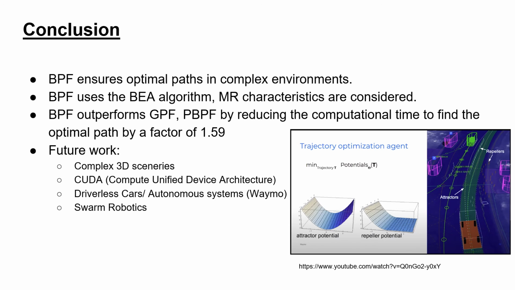You can see the path planned is the attractors, and it has the dotted points, which are the attractor points, and the repellers might be the cones on the roads or the pedestrians on the right of the roads. So this is a really nice application of potential fields in autonomous or driverless systems.